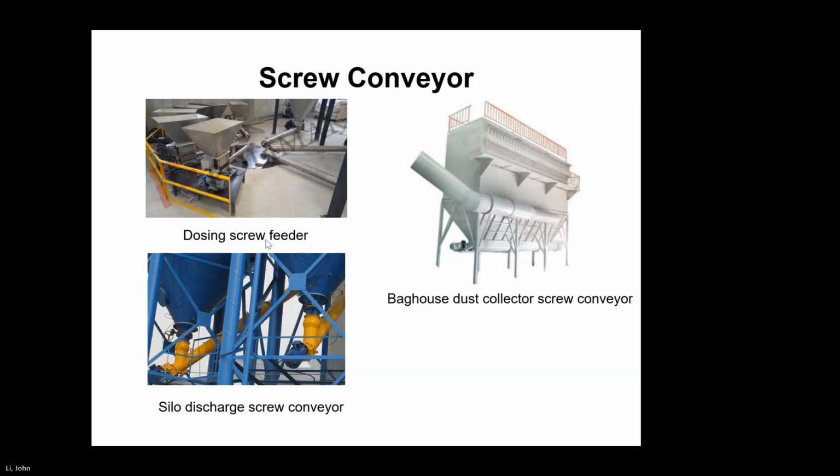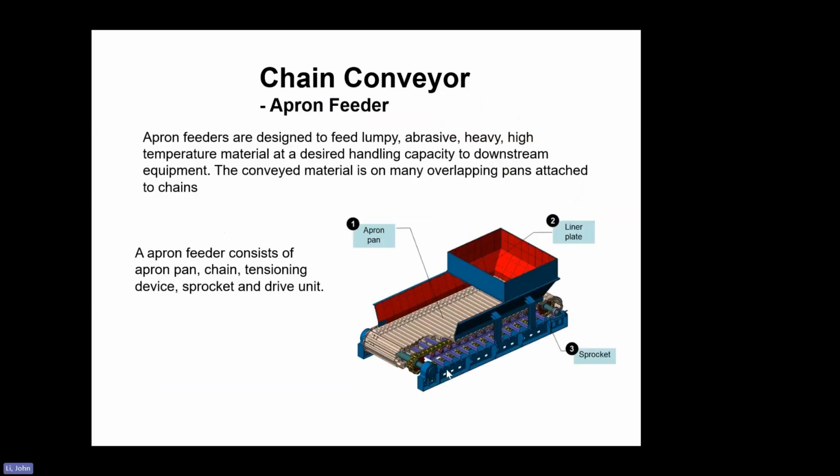And the dosing screw conveyor is used mostly in pharmaceutical plants and chemical plants, like Savante, maybe they have a screw conveyor for dosing. And the silo discharge screw conveyor, so it can discharge materials from the silo to other places.